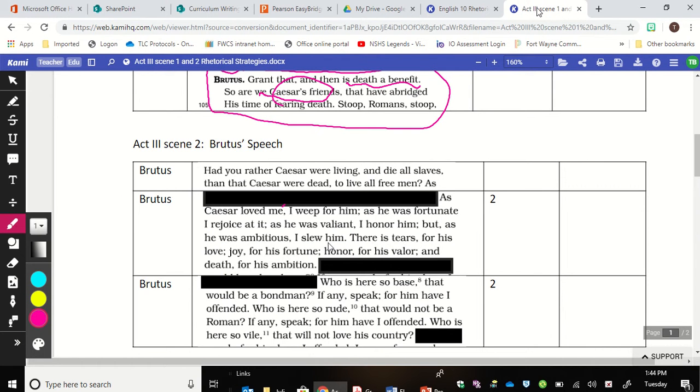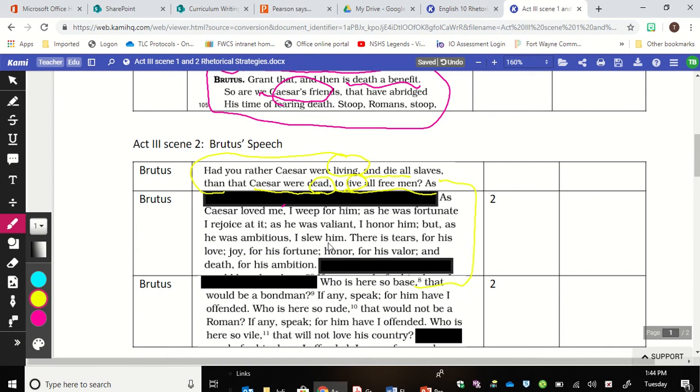So I'm looking at this particular section from Brutus's speech. "Had you rather Caesar were living and die all slaves than Caesar were dead and live all free men?" That's a perfect example of parallel structure because had you were living, pause, and die all slaves, then Caesar were dead, pause, and then to live all free men.